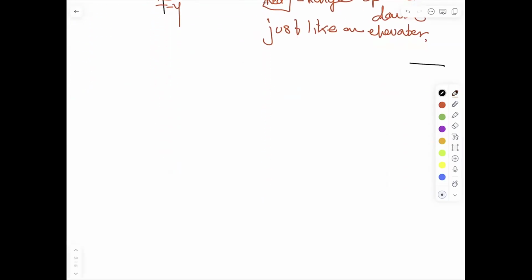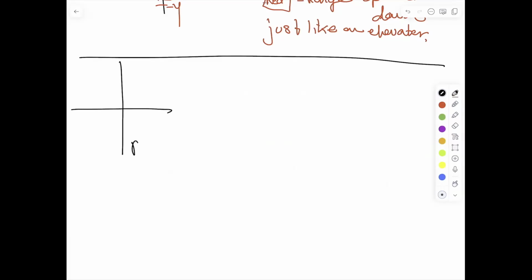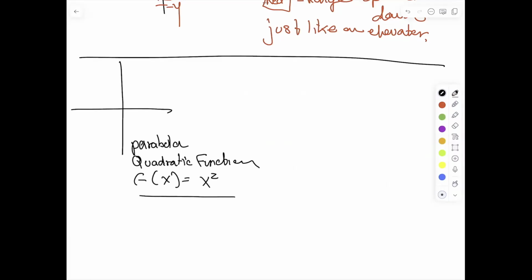So, if I look at a parabola, which is a quadratic function, which is expressed as f of x is equal to x squared. What's the x-axis? What's the y-axis?